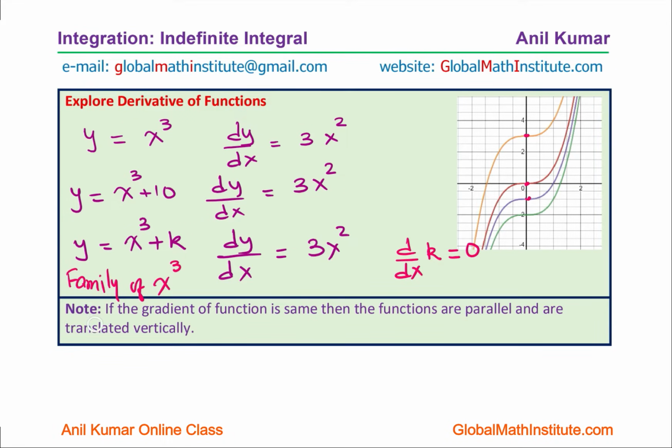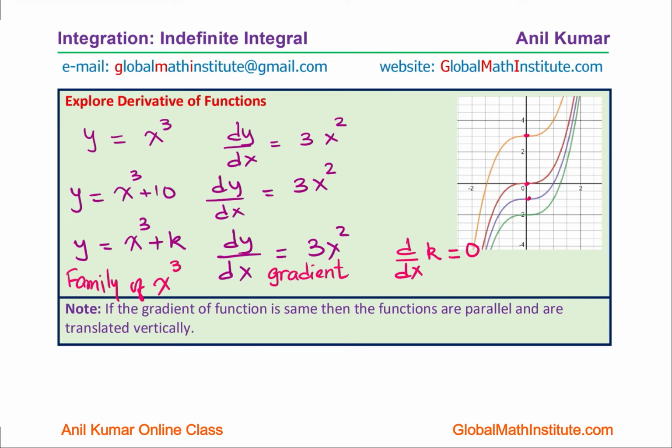So what you notice here is that if the gradient of the function is same, then the functions are parallel and are translated vertically. Do you understand? This dy by dx is actually giving you the gradient.